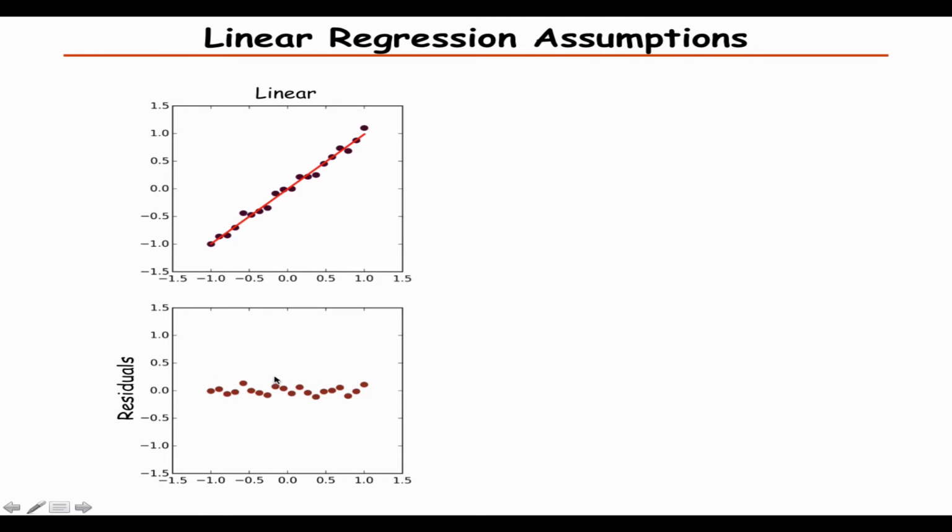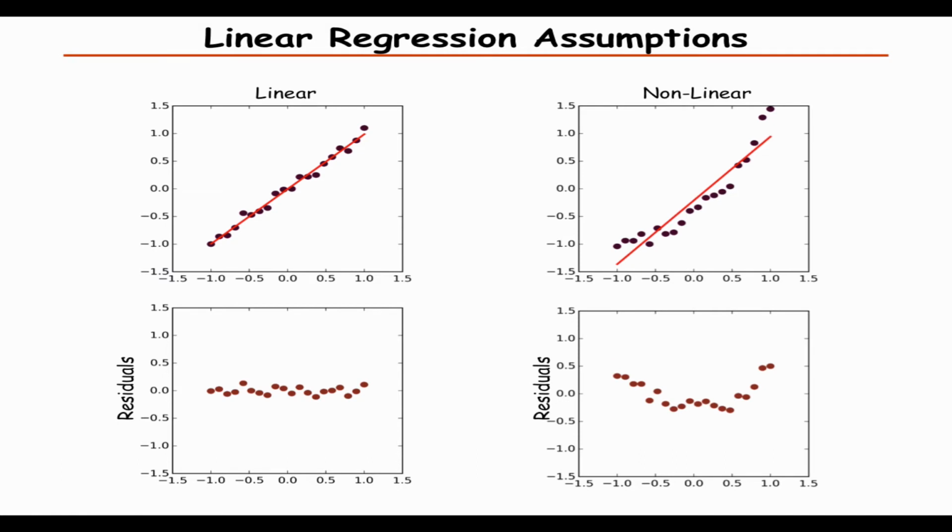It looks quite random. If we contrast that to the case when the data has a nonlinear relationship but we still fit the line, we see that we have this structure in the residuals that is indicative that the linear assumption was not correct.